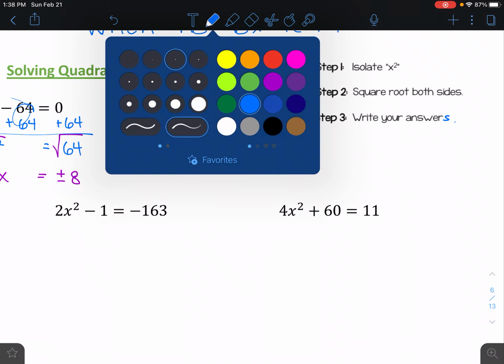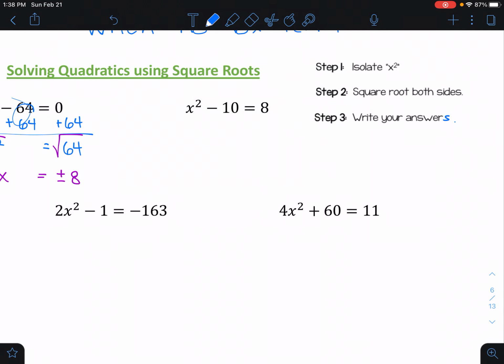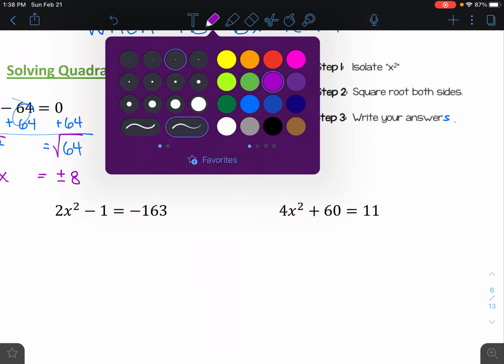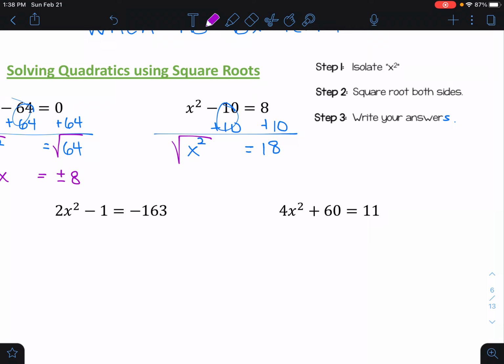So again, solve like any other one. Let's just see a few other ones here so you get used to how this works. I would have x squared, these cancel out, equals 18. Now I'm going to take the square root, and I say, all right, that means x equals the square root of 18, which is the square root of 9 times 2.